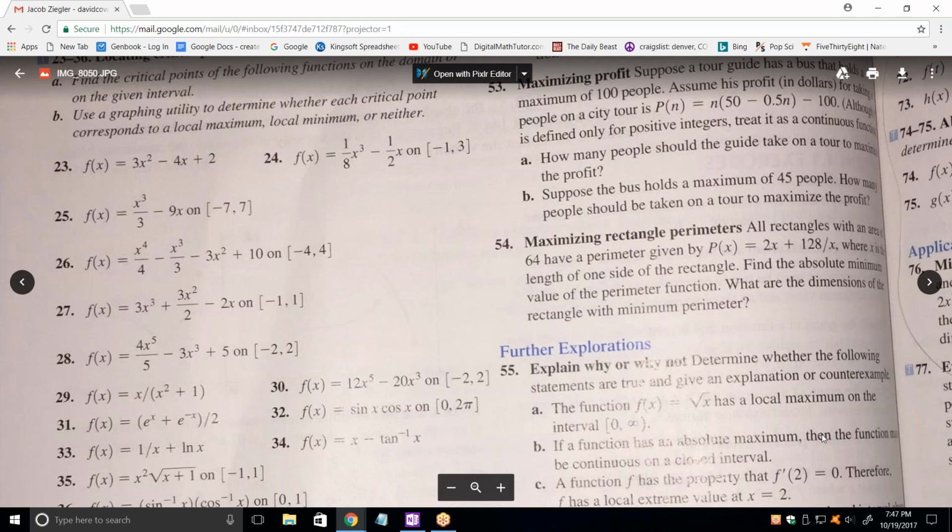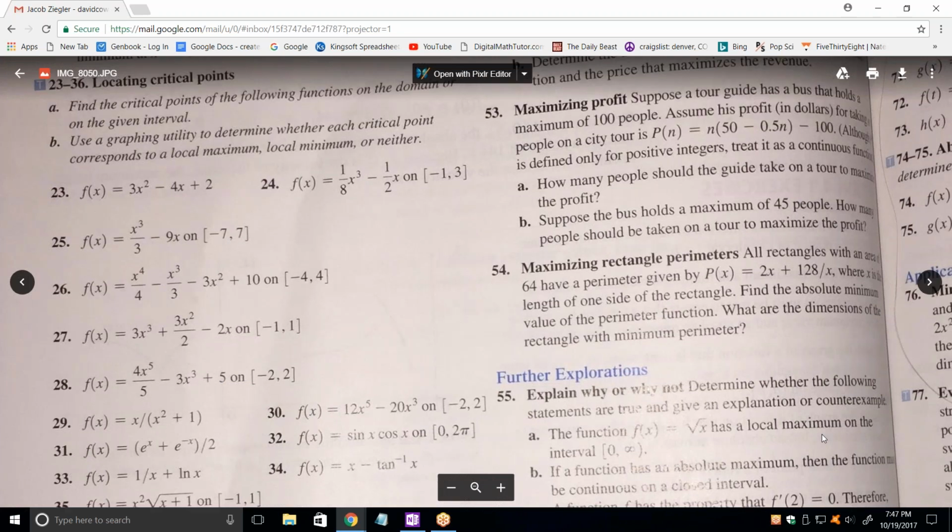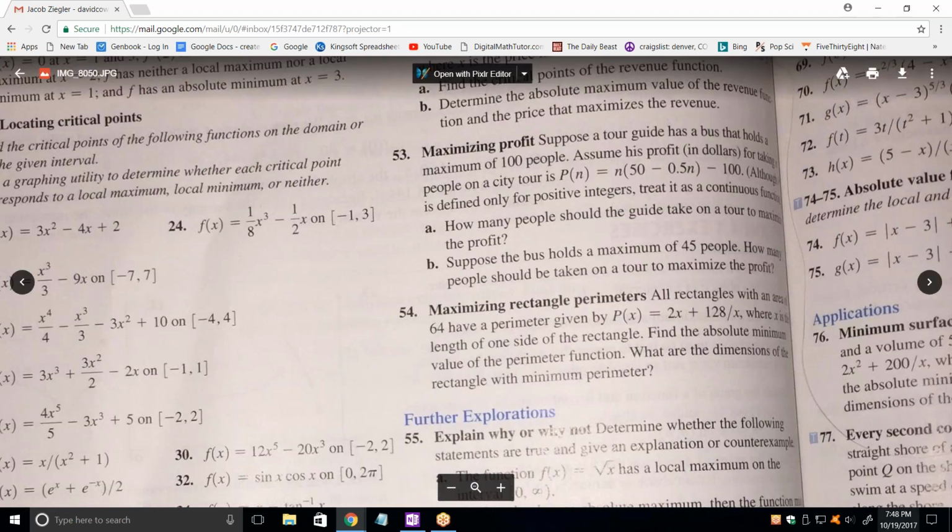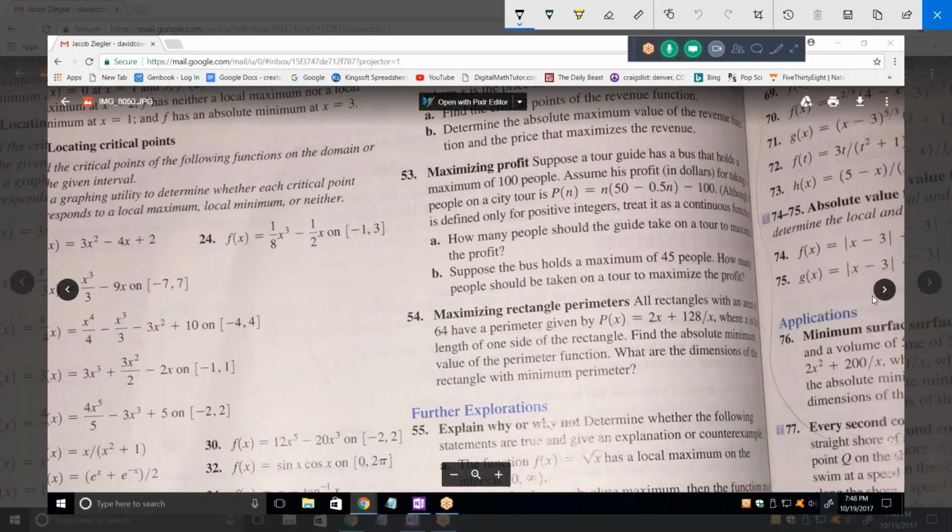So, what is P prime of x equal to? So it would be, let's write that, 2x plus 128x to the minus 1.